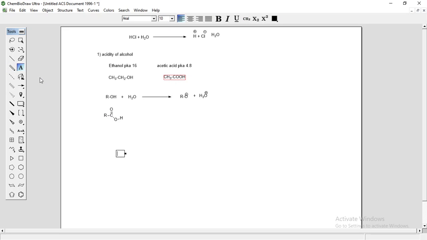This is the general example of an organic acid, RCOOH.